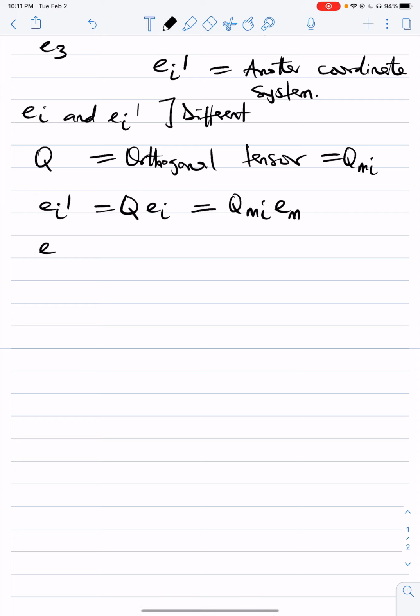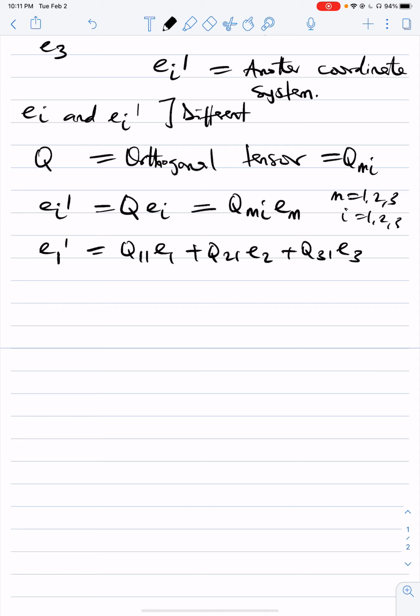So E1 prime goes to Q11 E1 plus Q21 E2 plus Q31 E3. I hope you can still remember how we came about this. If you pick M as 1, 2, 3 and I as 1, 2, 3, and write all those notations, you get this E1 prime.